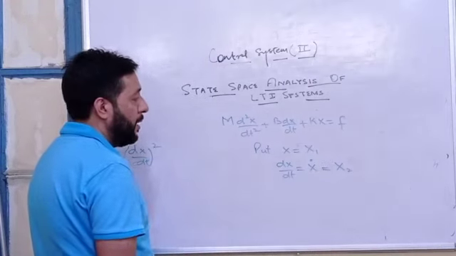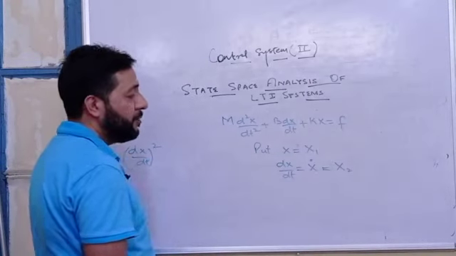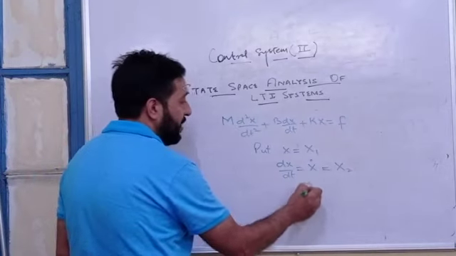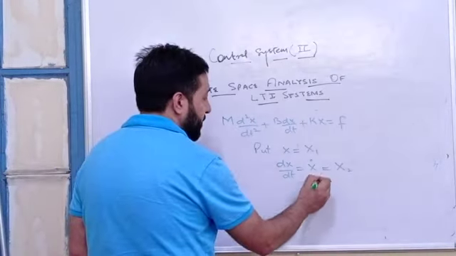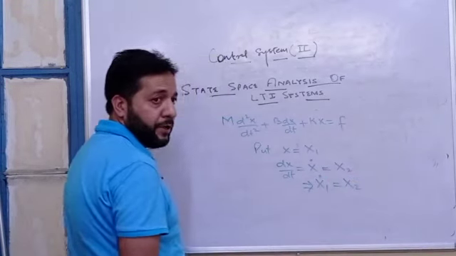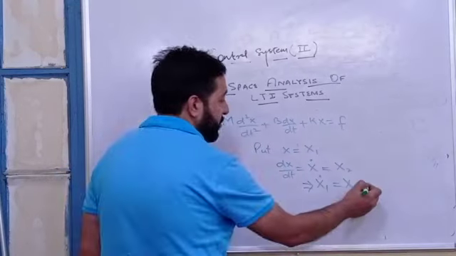Because x is equal to x1, that actually implies x1 dot equal to x2. This becomes my equation 1.